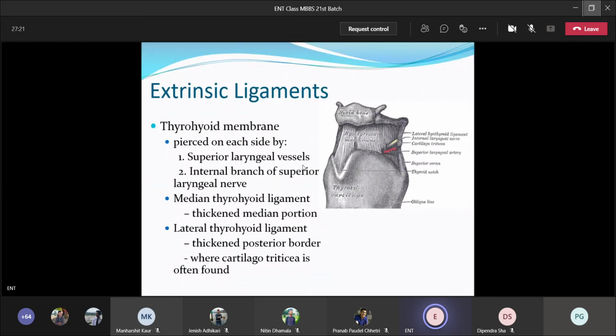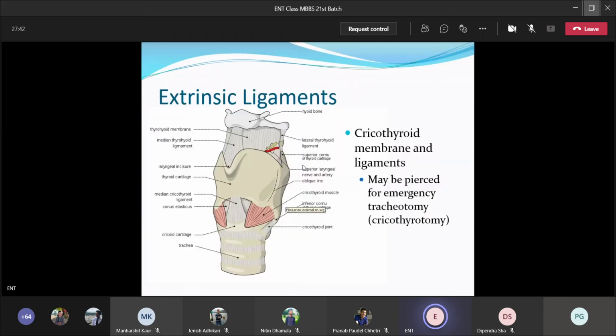So this is the extrinsic ligament of the larynx, and now the next slide shows the diagram.